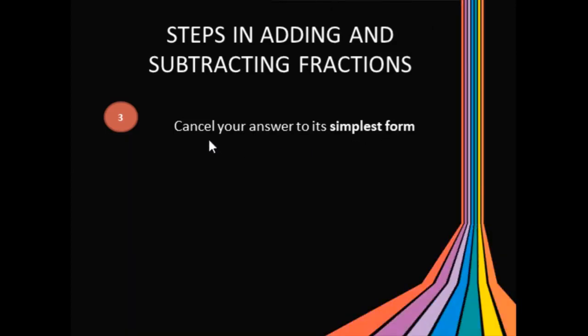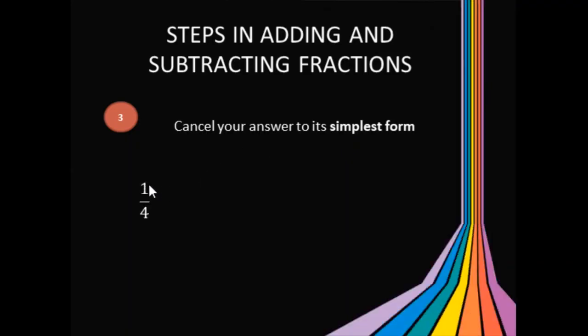Again, cancel your answer to its simplest form. When you say simplest form, can you remember our previous topic? Simplest form is when the value cannot be divided by any factor already. Okay, let's have an example so that it would be clearer.